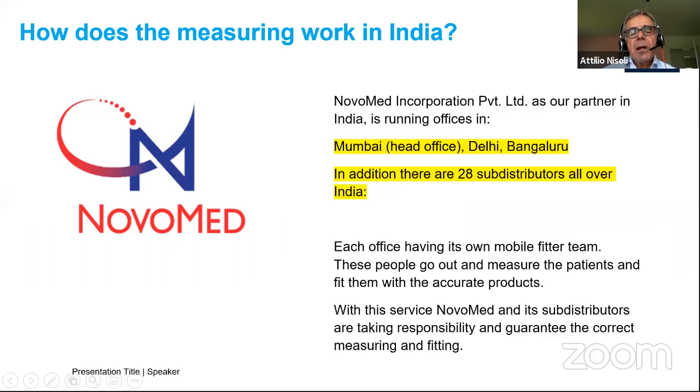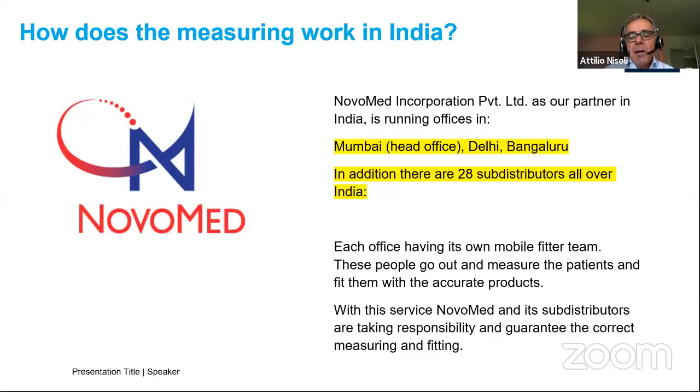How does this work in your country, in India? As you know, Novomed Incorporation is our official partner in India. It's the general importer of SIGVARIS products.